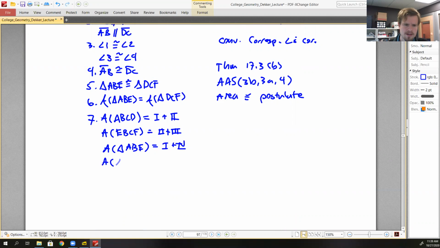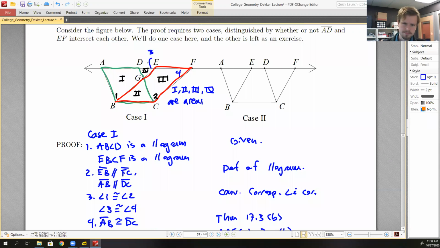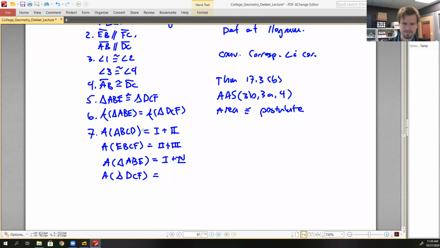And then the area of triangle DCF is given by areas 3 and 4. DCF, 3 and 4. Excellent.